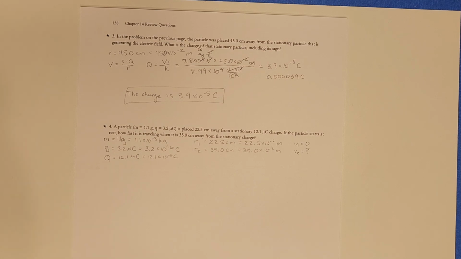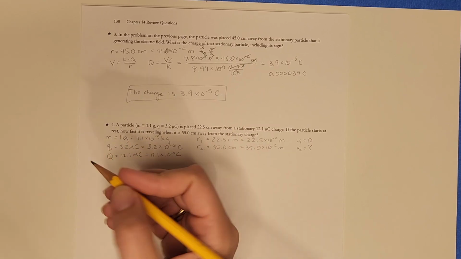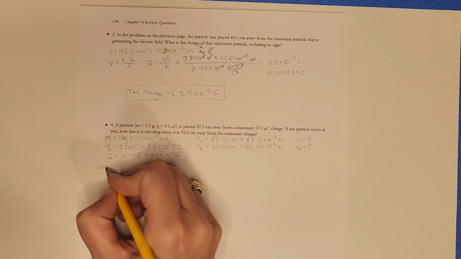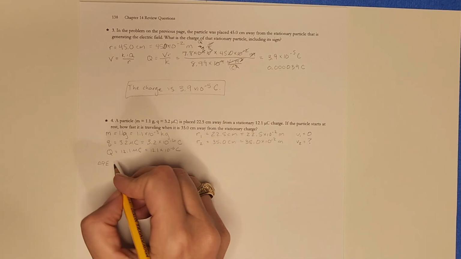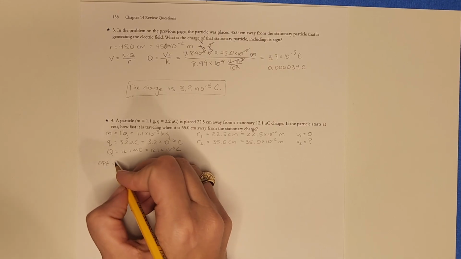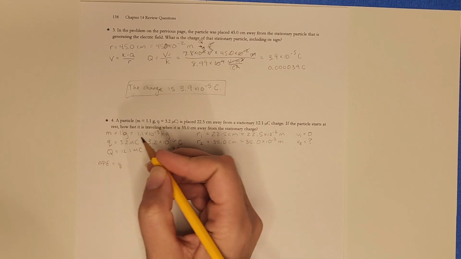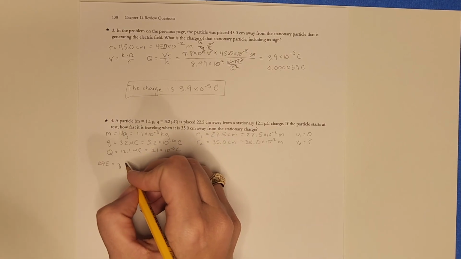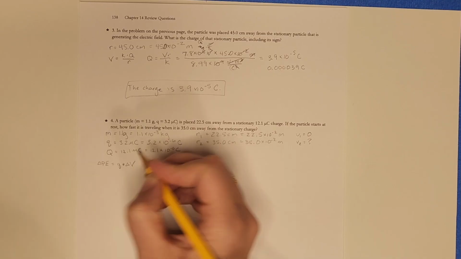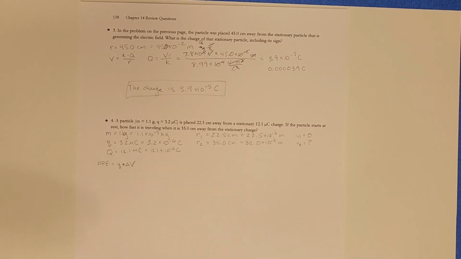So our initial goal is to determine our change in potential energy. That's using equation 14.3, which we haven't used yet in this set of review problems: the change in potential energy equals our charge on our particle times our change in electric potential.